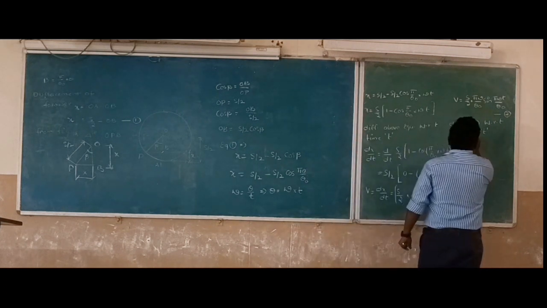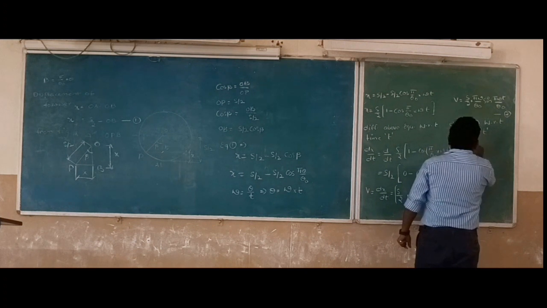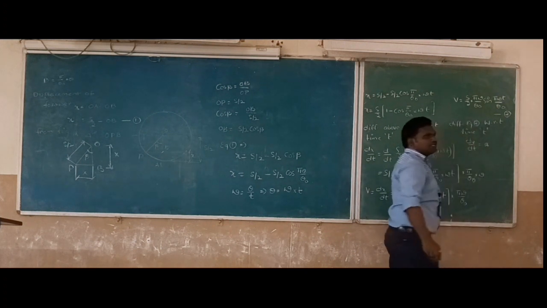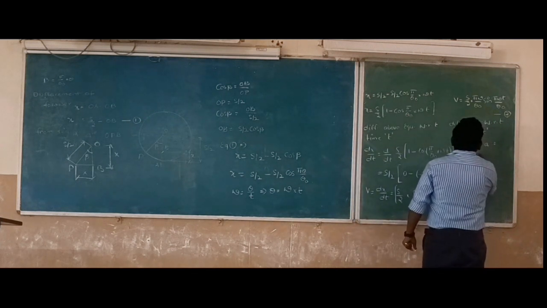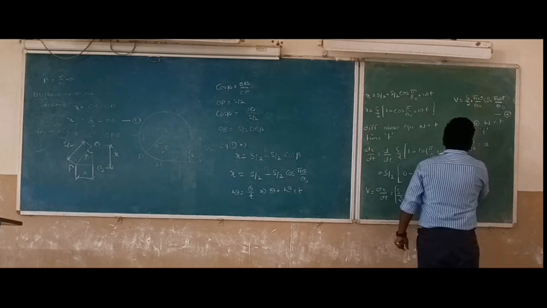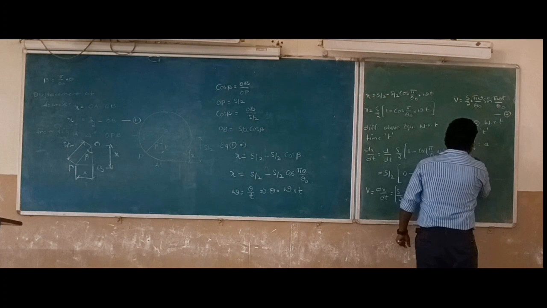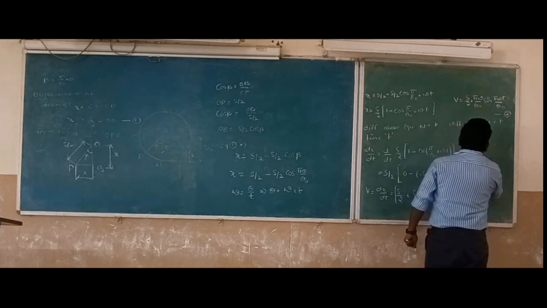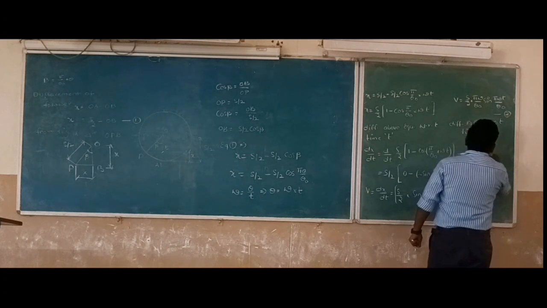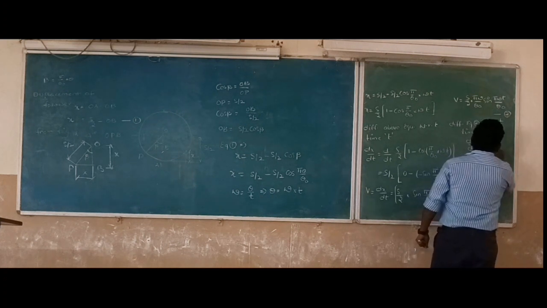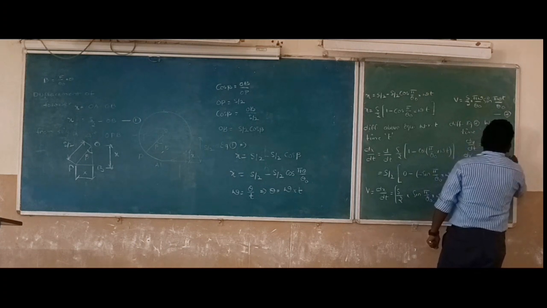Then dv by dt is equal to acceleration, that is a is dv by dt is equal to d by dt into S by 2 pi omega by theta naught sin pi omega t divided by theta naught.